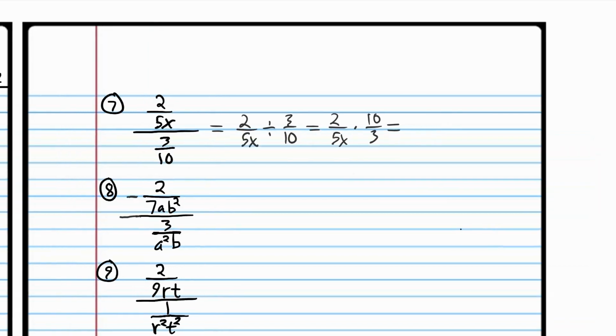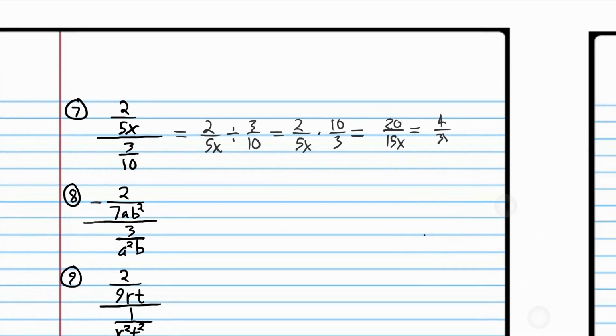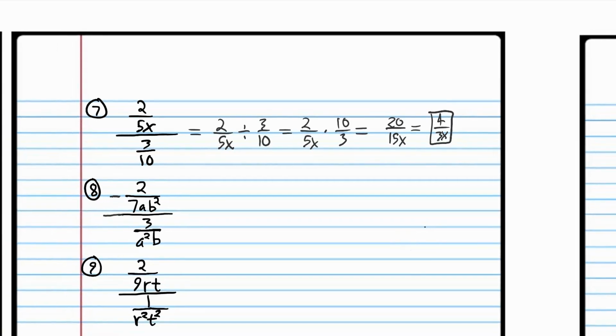Multiply straight across, 2 times 10 is 20. 5x times 3 is 15x. And then divide both sides by 5 and you get 4 over 3x. Whoops. So pretty much the same thing, it's just that we have letters.